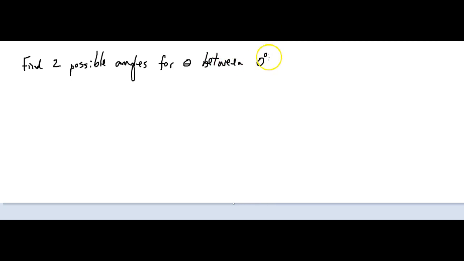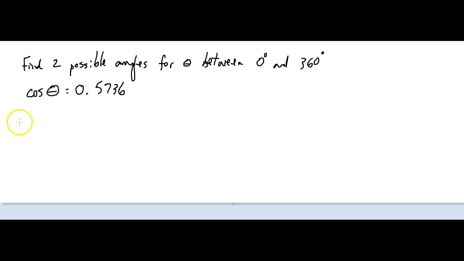Alright, so again, let's try one more. Find two possible angles for theta between 0 and 360, given cos theta equals 0.5736.